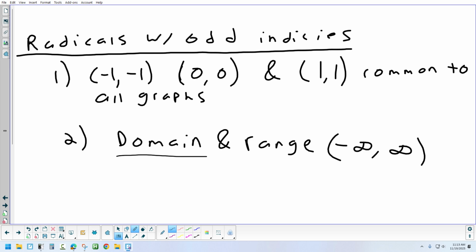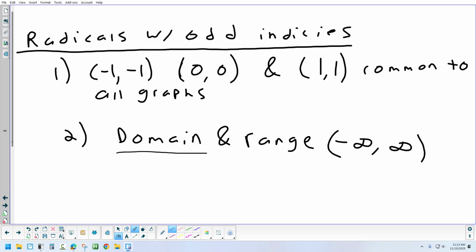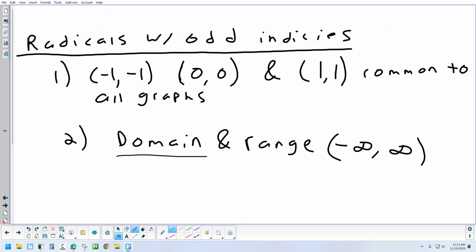That's because the domain is all real numbers. So they're both roots, but they do have a very different look. Any questions on the general look of an even root versus an odd root?